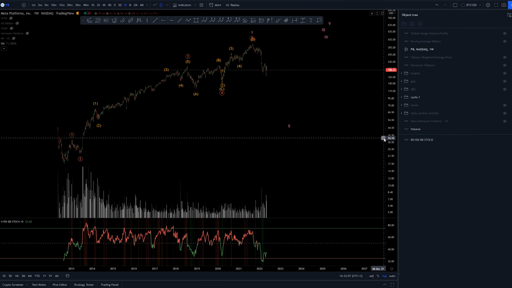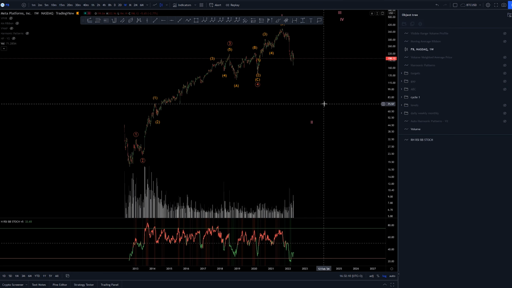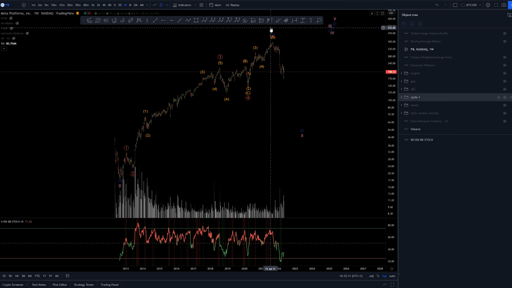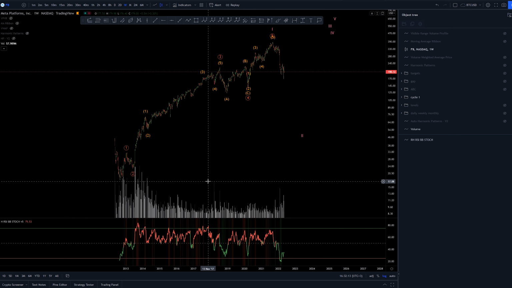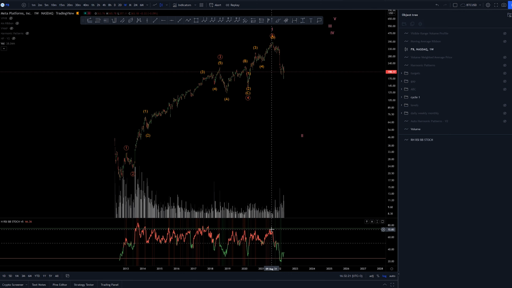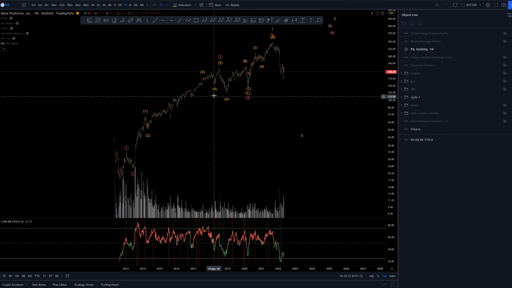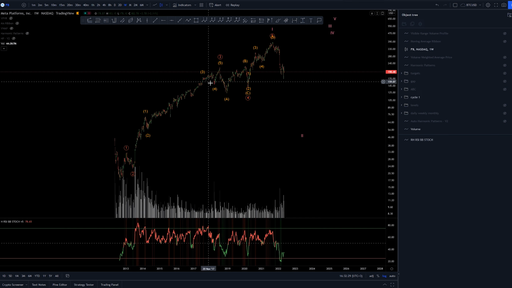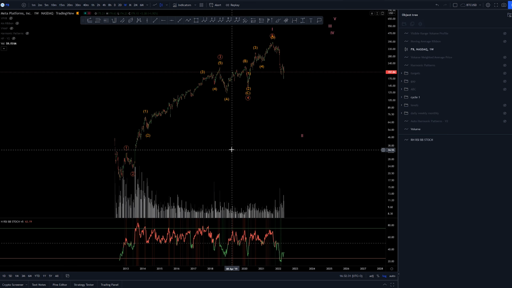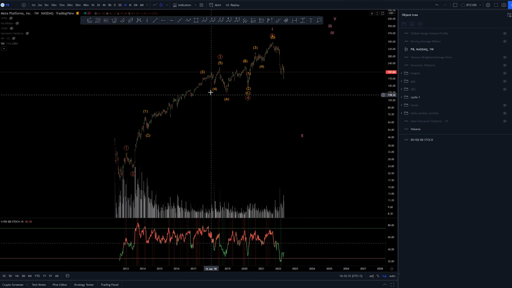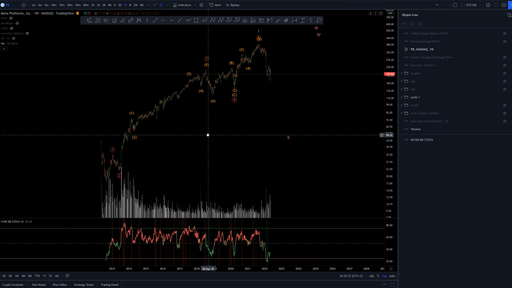Now, to get more of a confirmation that this is actually a 1 instead of something else, at least we can see some kind of divergence here, almost a third one, between the last hit here. It is not really good looking, and it is not really clear here, but again, we're on a weekly time frame and it really isn't that easy to call out.